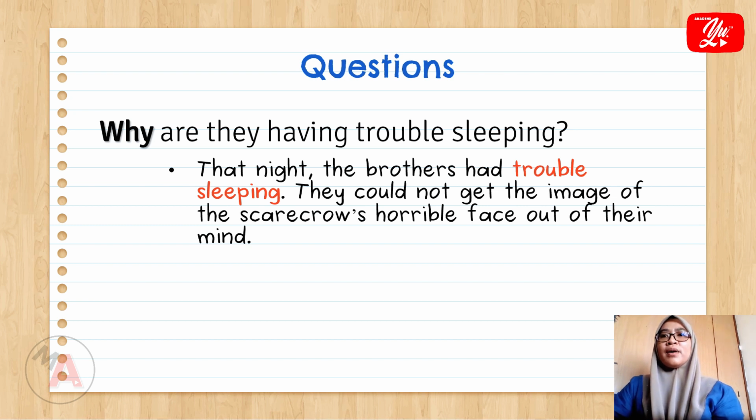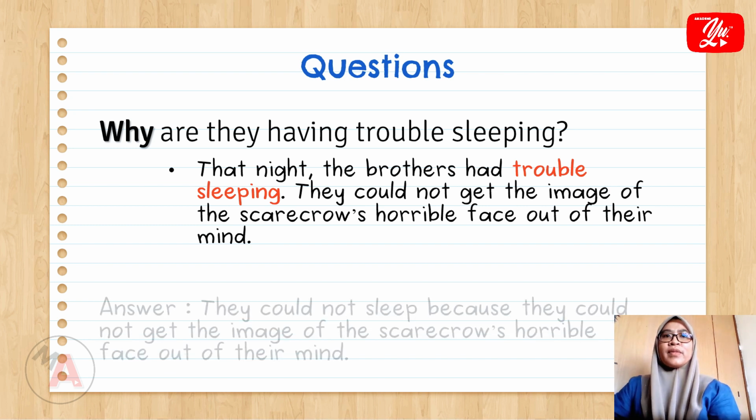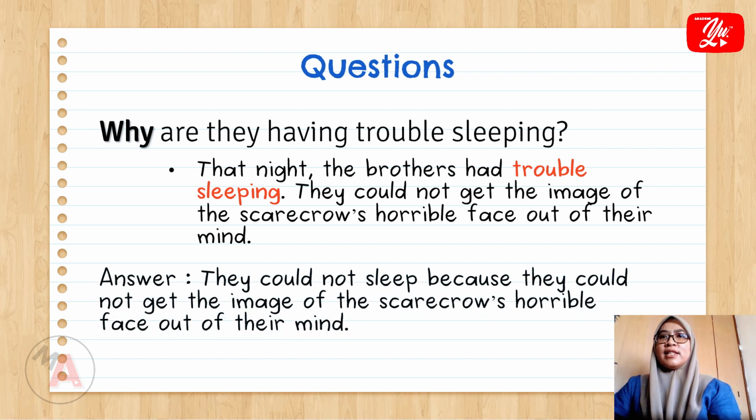So how are you going to write your answer? Okay, they could not sleep because they could not get the image of the scarecrow's horrible face out of their mind. Okay, so kita ambil sikit dekat soalan ni, ataupun kita ambil saja jawapan dia, kenapa mereka tak boleh tidur, they could not sleep.